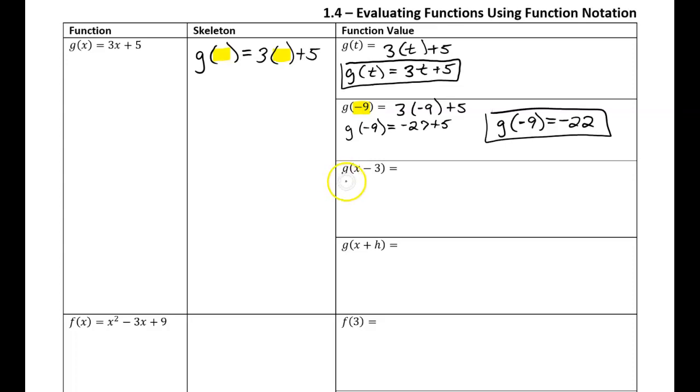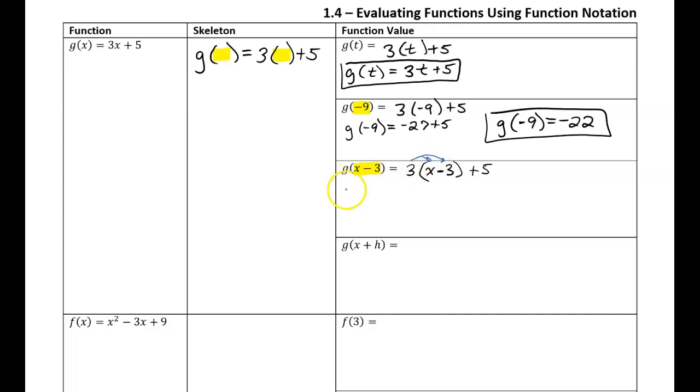Next one, g of x minus 3. So this is my substitution part. That's going to go into the blank spots of my 3 parentheses plus 5. Whatever's inside of here, no matter how complicated it may be or not, that gets plugged into that space we made. So I now have 3 times, in parentheses, x minus 3 plus 5. So let's simplify it. Let's expand those parentheses.